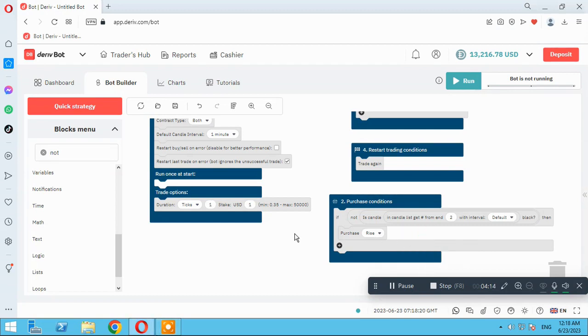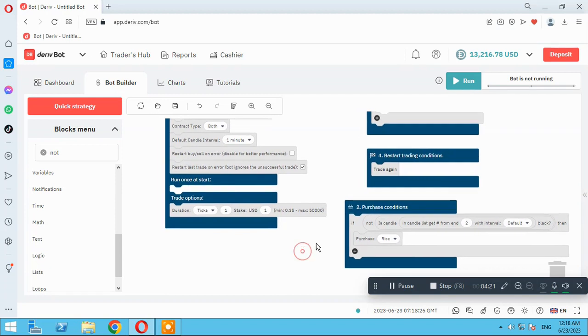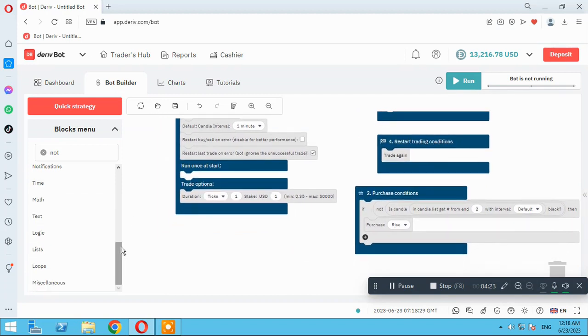So we have to work with the candle list and other candles. Let me show you in this method.